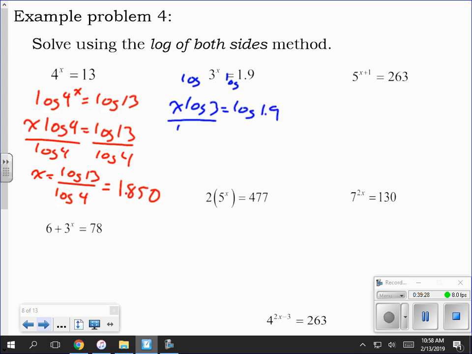Divide both sides by the log of 3. X equals the log of 1.9 divided by the log of 3. That's .584.